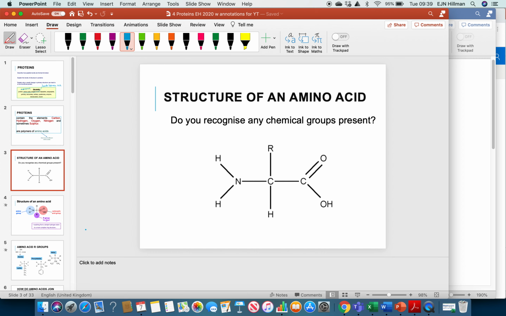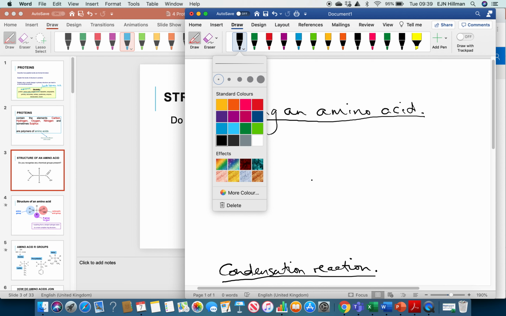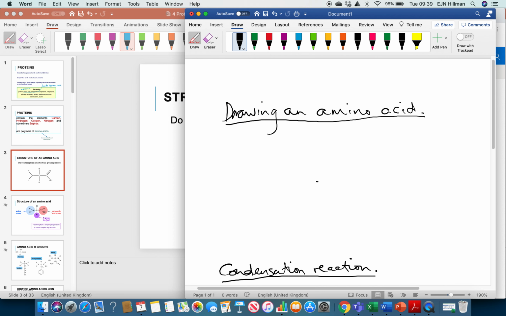Okay, so an amino acid has this structure. I'm going to show you now how to draw an amino acid. I always begin when drawing an amino acid with the central carbon. There is a carbon in the middle, and that carbon has 4 bonds. On one side of that carbon is what we call the amine group, and at the other side is a carboxylic acid or carboxyl group.